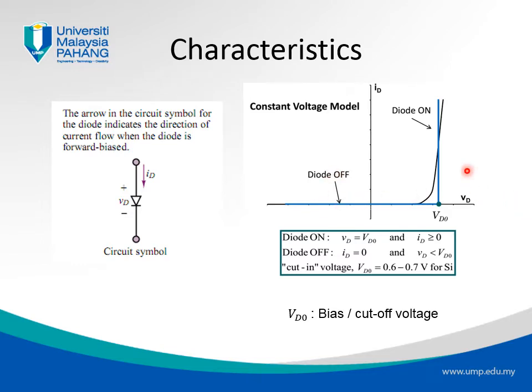So this is what we call the current-voltage characteristic of a diode. The important criterion that we want to remember for the analysis and utilization in the future slides is that VD0 will be taken equal to 0.7, and if it is larger than 0.7 it will conduct, lower than 0.7 it will not conduct.